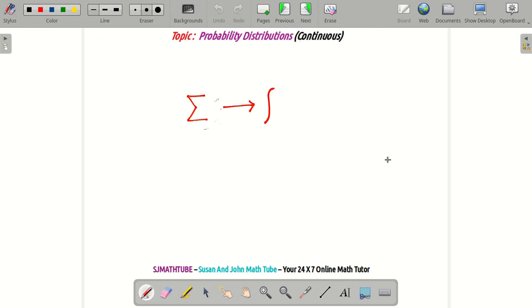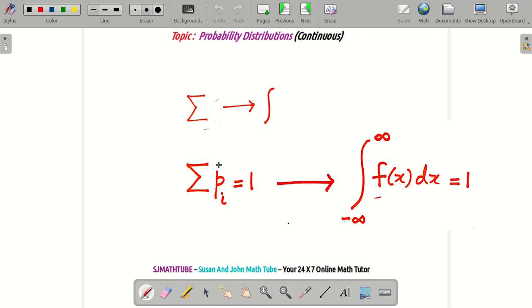Okay, now one more very important thing. In discrete, we had discrete summation, that is our sigma. In continuous, we will use continuous summation, and that is our integral. So, the properties of a discrete probability distribution can be changed into properties for our continuous probability distribution.